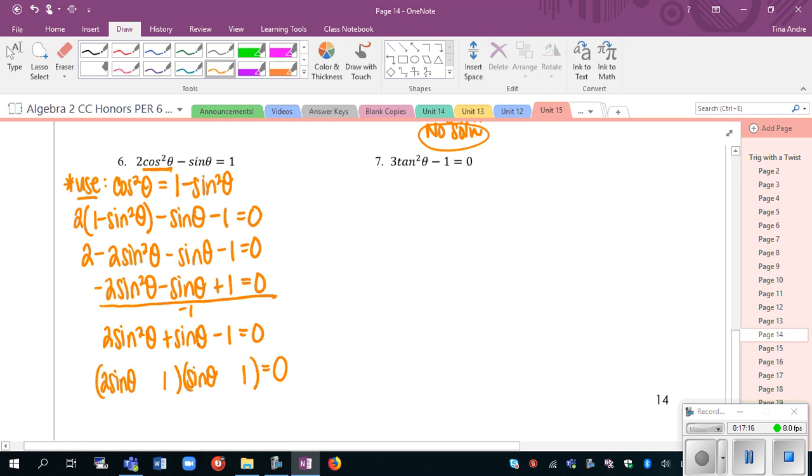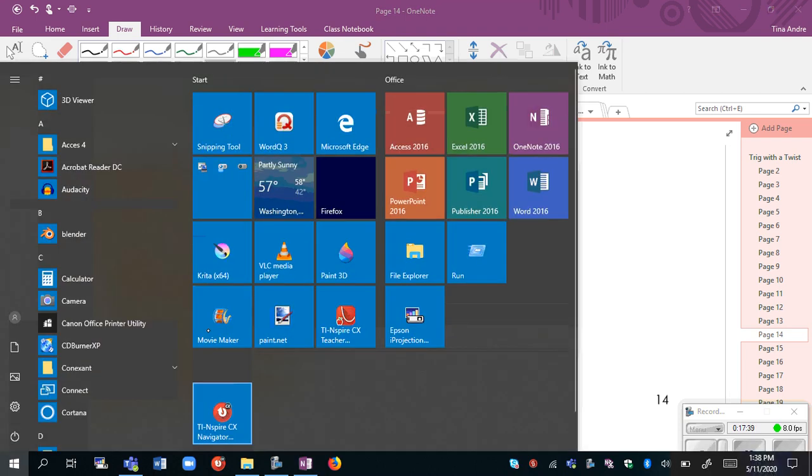Well, in order to get sine of theta when I FOIL this out or double distribute, I would have to make sure that the 2 sine would have to be a positive. So 1 times 2 sine would give me a positive 2 sine of theta. And then minus sine of theta would give me sine of theta. So that would be my factors.